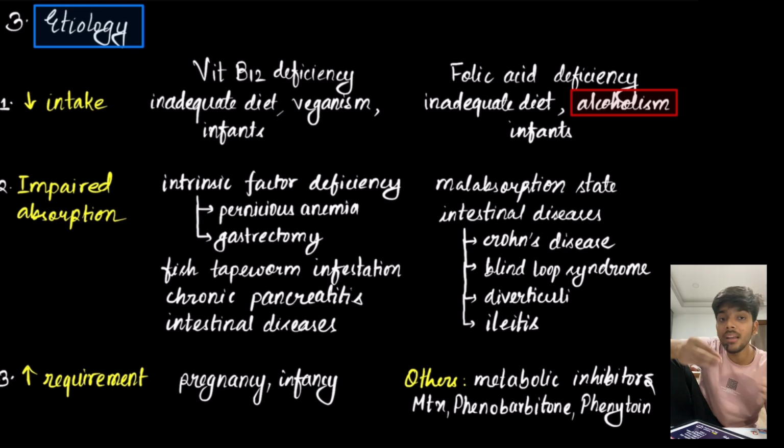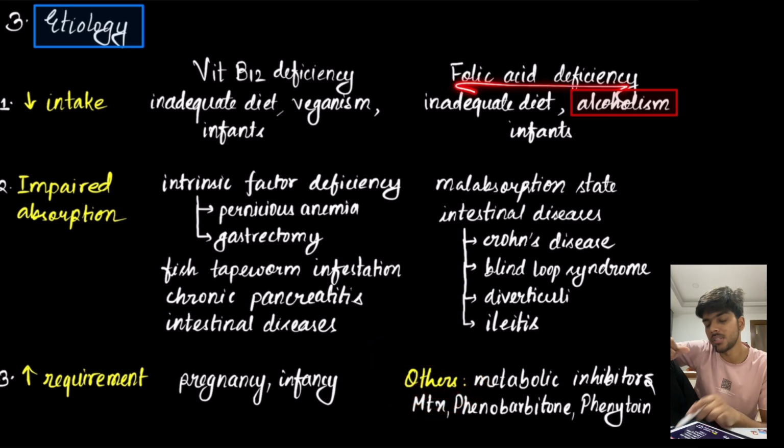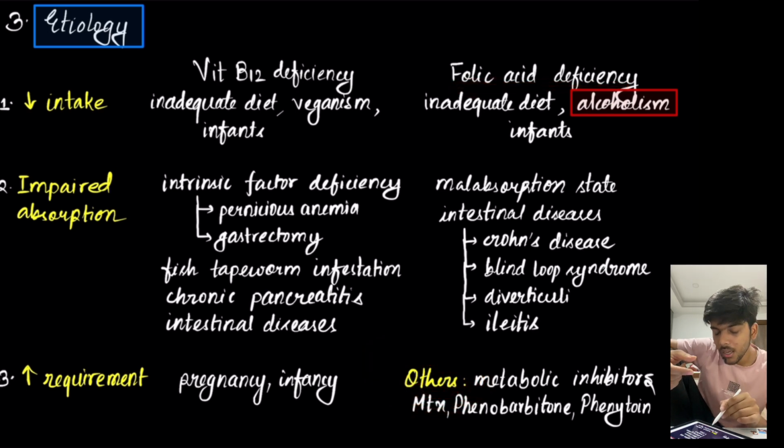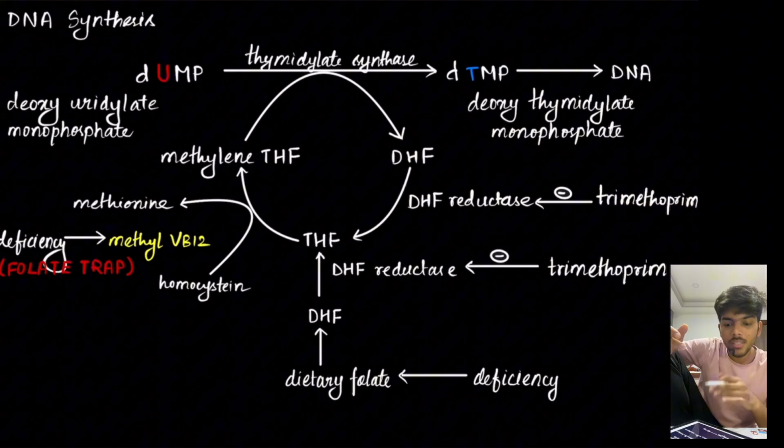As a result, they might go lacking if not taken in enough amount in your diet. There can be other reasons behind folic acid deficiency. For example, if you take drugs that inhibit the metabolism of folic acid like methotrexate, phenobarbital, or phenytoin, you can see right here.